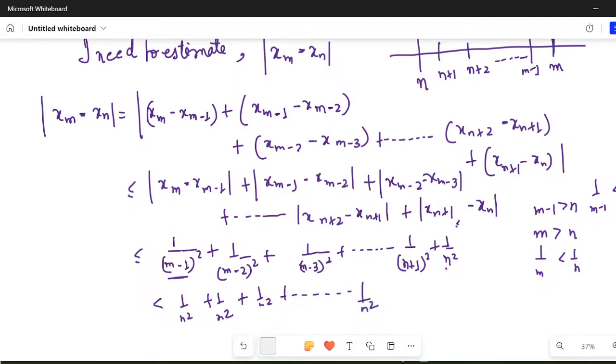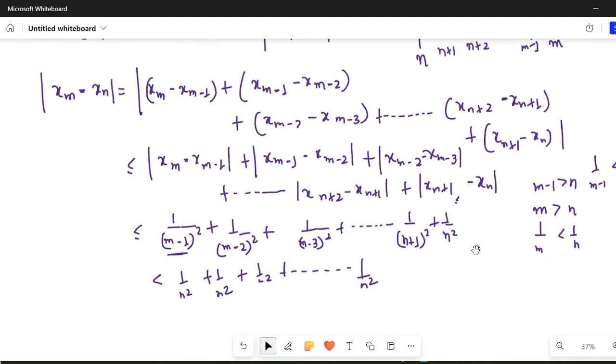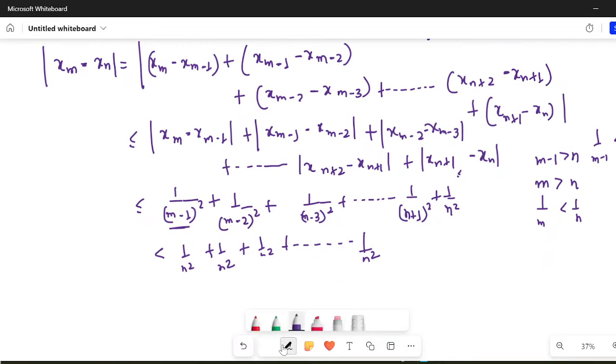Okay, how many 1 upon n square terms do you think there are here? In totality there are m minus (n+1) plus 1 terms of 1 upon n square.